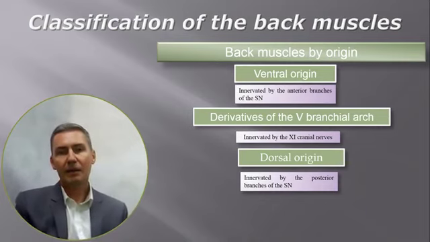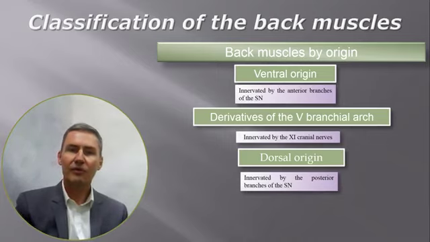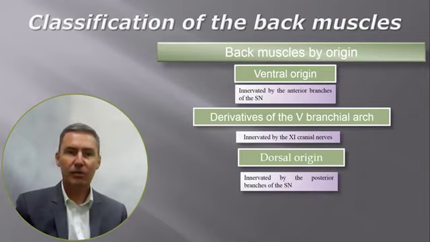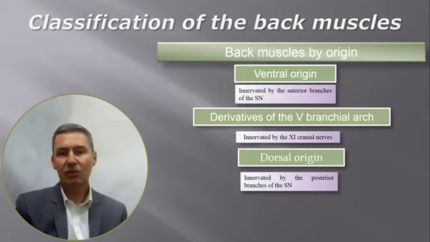Muscles of the back are also classified according to origin. First, the muscles of ventral origin. These muscles get their nerve supply from the anterior branches of the spinal nerves. The second group are the muscles derived from the fifth branchial arch. These muscles are innervated by the 11th cranial nerve, which is the accessory nerve.